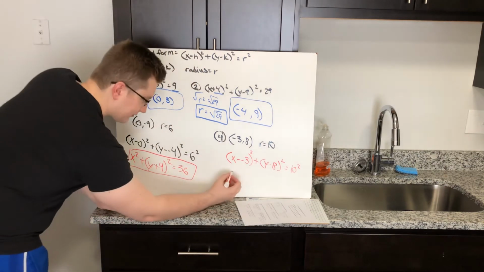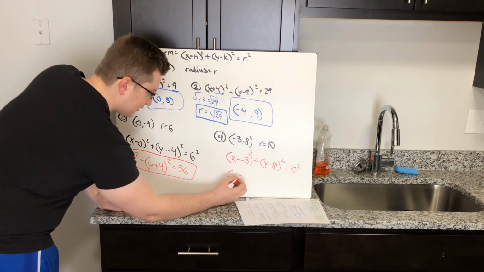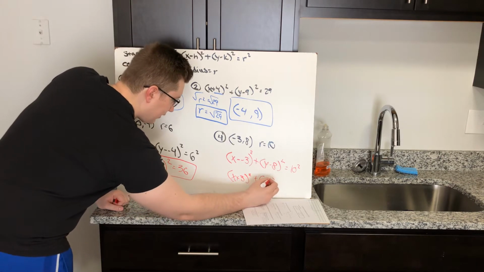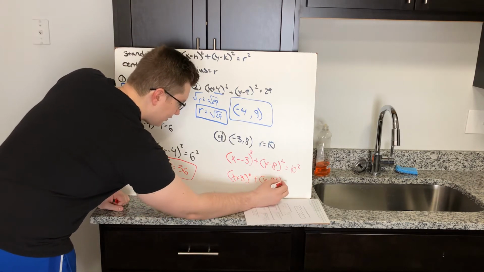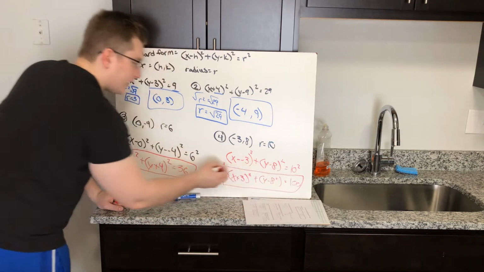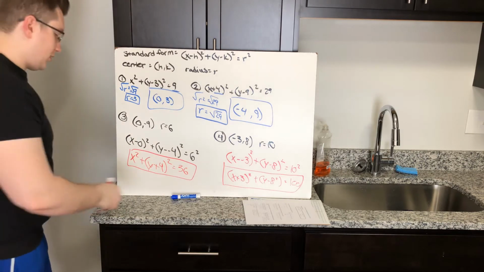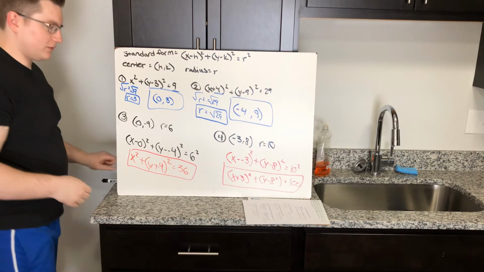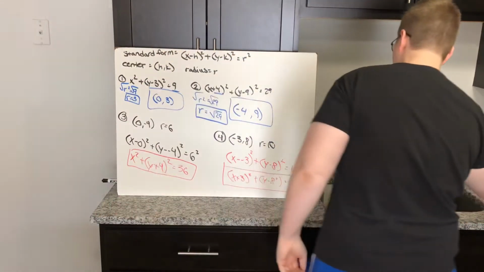So that just comes out to be (x plus 3) squared plus (y minus 8) squared is equal to 100. I was running out of room there. So not too bad, just follow the formula and you will be fine.